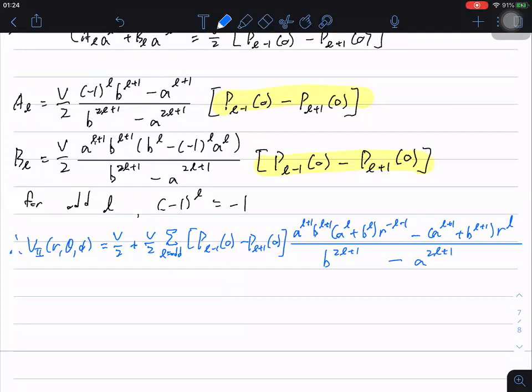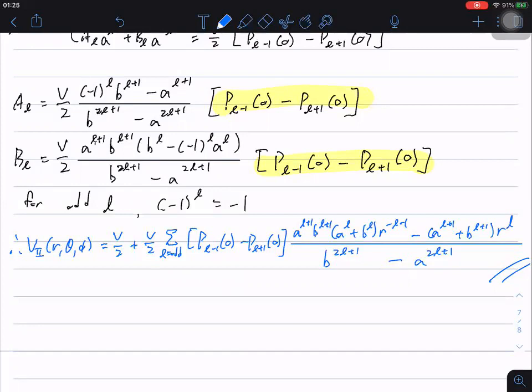Okay, so this is the solution of the potential in region 2. So right now, we have found the potential in all of region 1, 2 and 3.